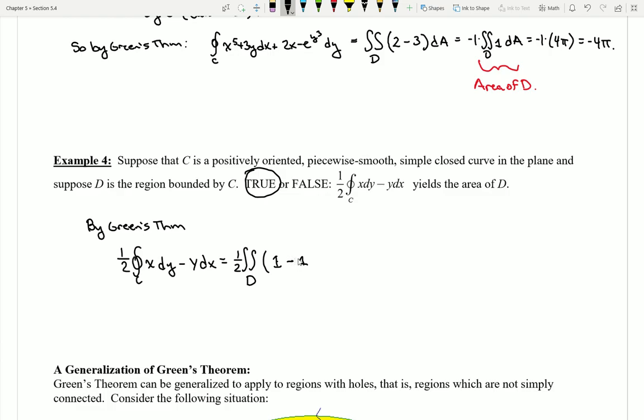And so I should rewrite that a little more carefully. It's going to be minus -1. Then what I'm going to be left with here is really 1/2 times the double integral over D of 2 dA. But of course that just turns into the double integral over D of 1 dA. And like we had kind of seen above, this actually does represent the area of D. So this is indeed a true statement.